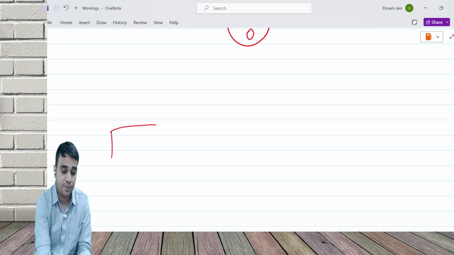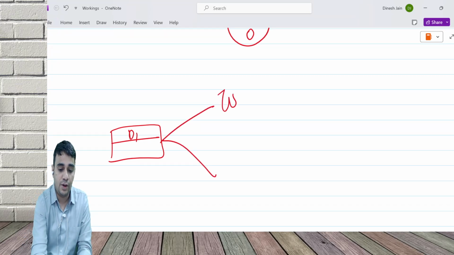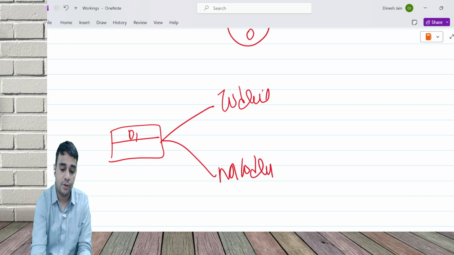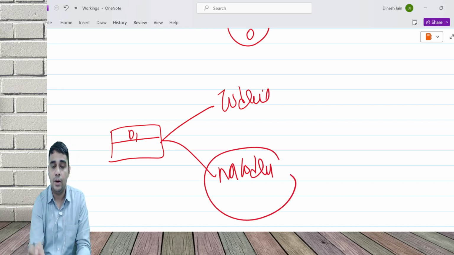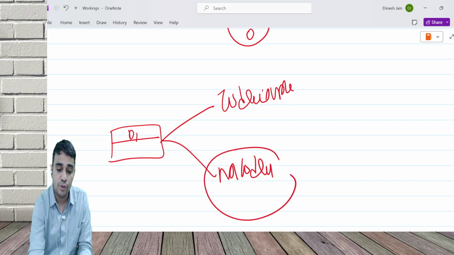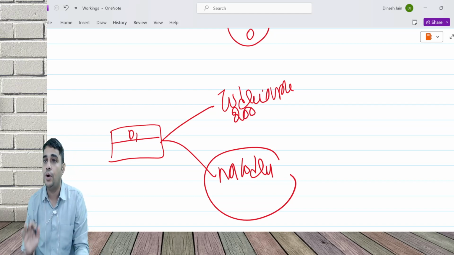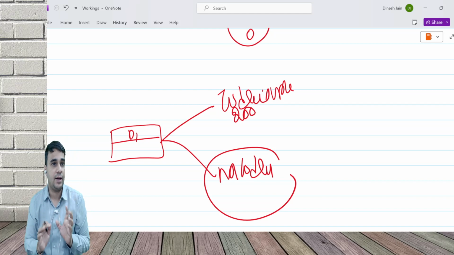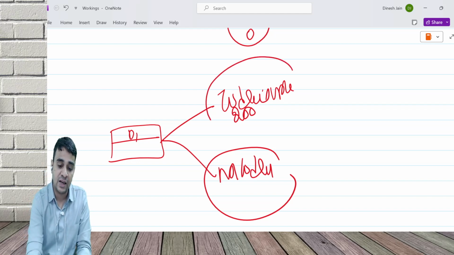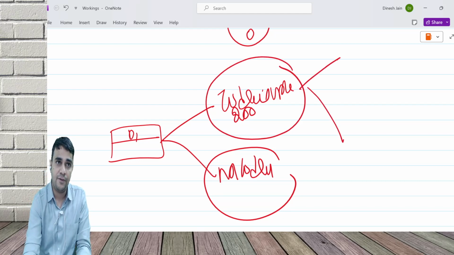The first one is D1: to drill, or not to drill. Not to drill, no problem. To drill up to 2000. You're drilling only up to 2000 feet. That's the first decision you're taking. Drilling up to 2000, this is a circle because this can have oil found, oil not found.